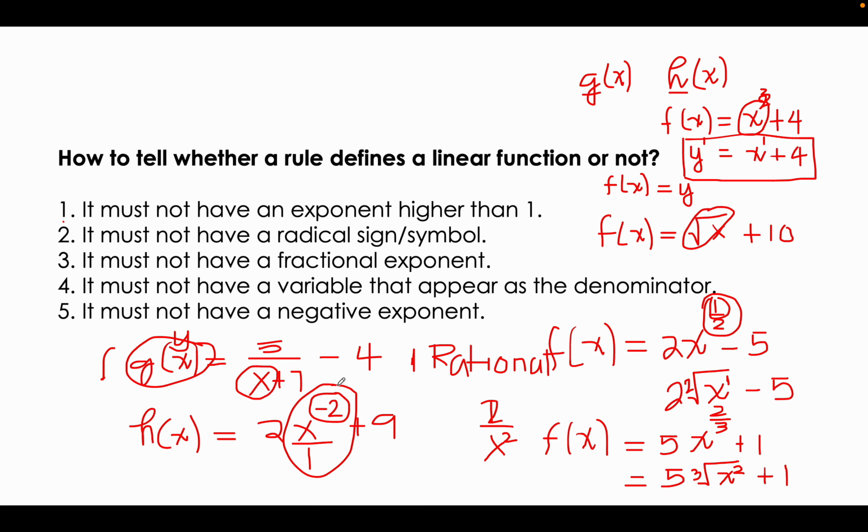Another one is kung negative exponent, fraction or whole number, basta negative exponent siya, so it is not a linear function automatically. Okay, so in this case, ang term na 2x raised to negative 2 can be expressed as 2 over x squared. So, take note, condition number 4, the variable must not appear as the denominator. So, dito, naging denominator siya. That is why it is not a linear function. Okay? Do you follow?